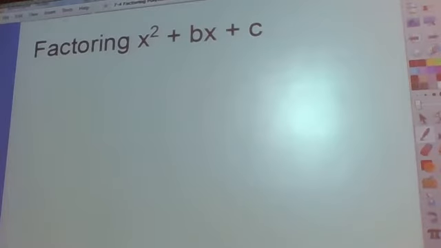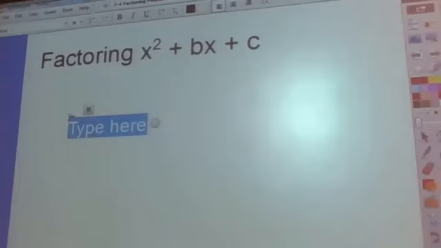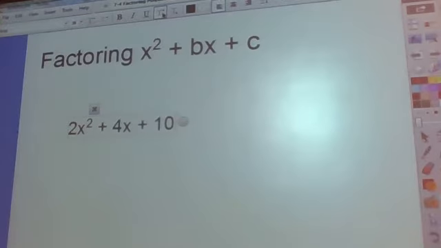What I mean by factoring this is you might have a problem that looks like 2x squared plus 4x plus 10. That's what we're talking about right here.